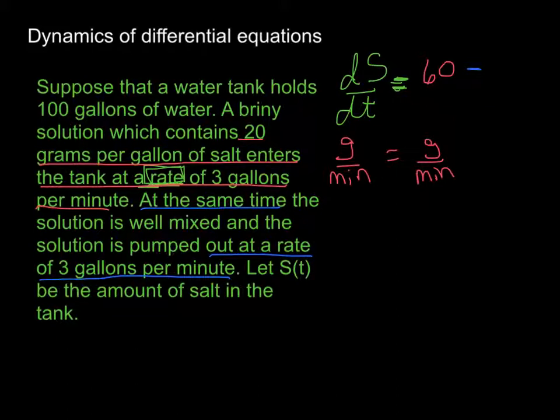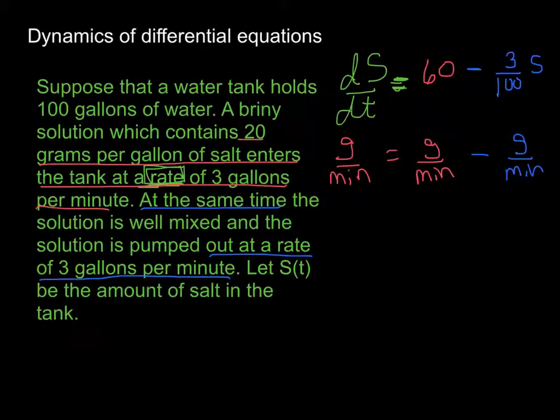We're going at 3 gallons per minute. If this thing's actually fixed at 100 gallons, so if I'm taking 3 gallons per minute divided by 100 gallons and then multiplying by the number of grams, that's also going to give me the number of grams per minute. And I have my differential equation.